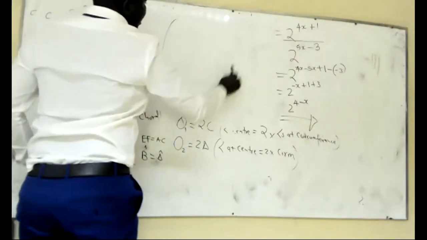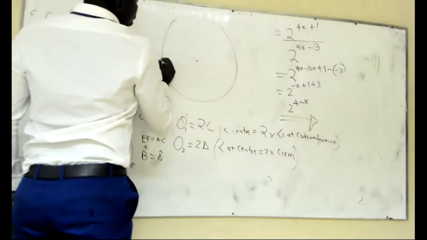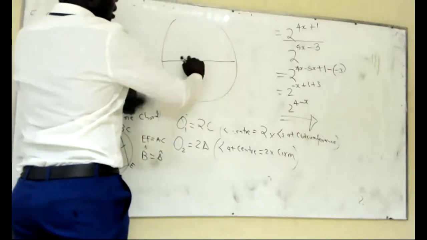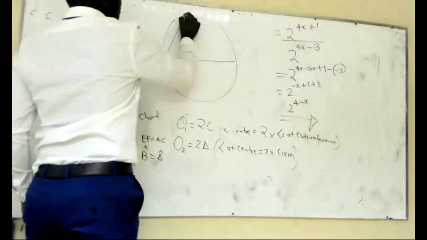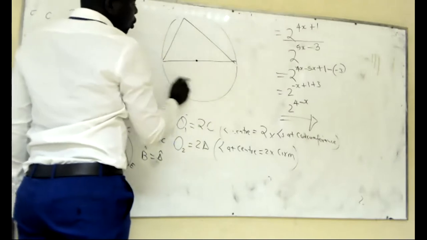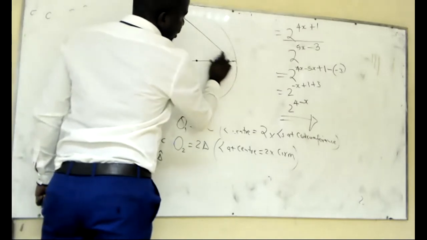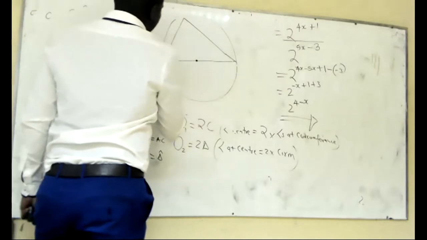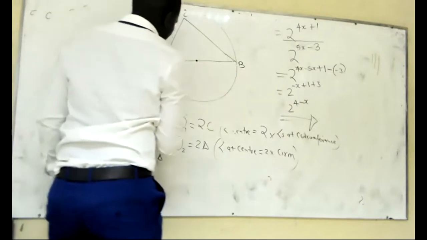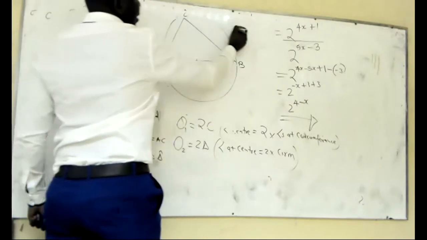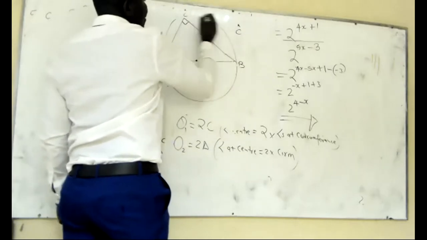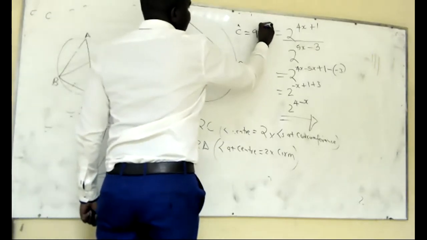Okay, so we have a circle, and from that circle we have a chord, which is a line that passes through the center of the circle and goes to the circumference. If you are given a diameter, in this case a diameter AB, then that tells you that angle C at the circumference must be equal to 90 degrees.